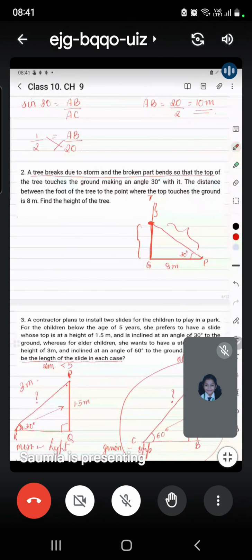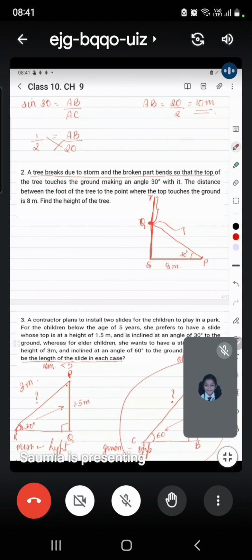So the original height of the tree will be this plus this, 2 parts, correct? Yes. So now we are going to find out both these parts, add them together, and then we will say this was the height of the tree. Okay. So let me make this as Q. Now TQ is the part that was there in the tree.